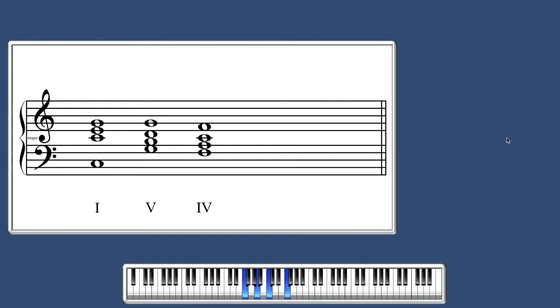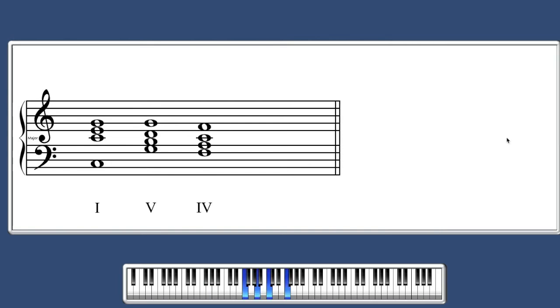Or anything 4 to 5. It just leaves it hanging. And that's a good way to continue a musical idea.